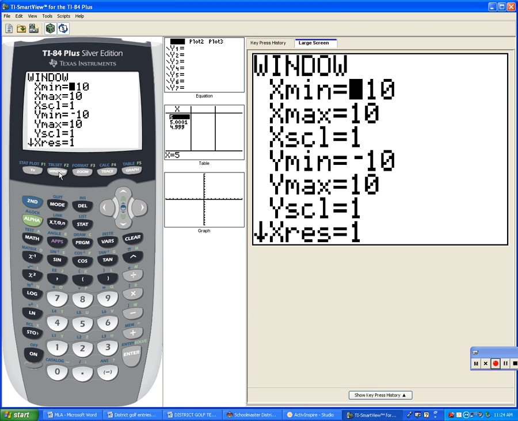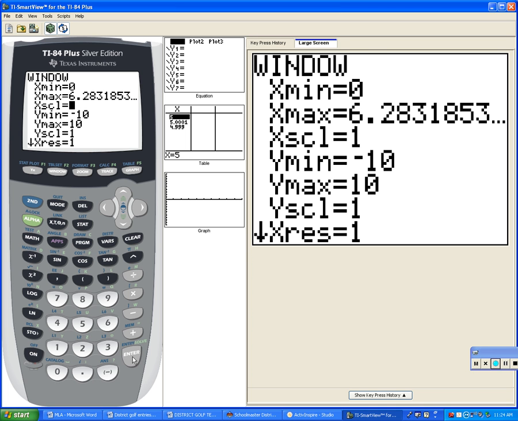And since we're doing radians, we want to use things that make more sense. So instead of going from -10 to 10, I'm going to go from 0 to, how long did it take to complete one cycle? 2 pi. So let's make our x maximum be 2 pi. Okay? And then for my scale, instead of going by 1s, let's go by pi over 2s.